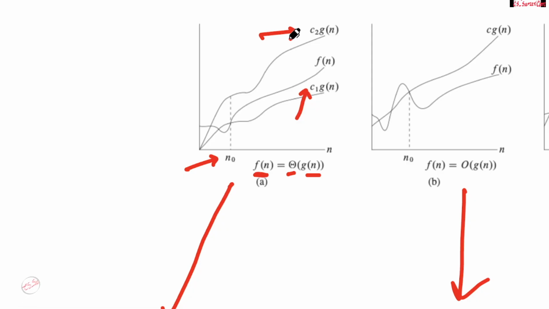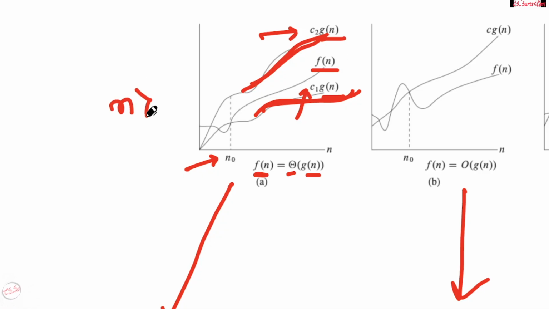Multiply g with c1 and multiply g with c2, and the curves that are produced are going to provide an upper bound and a lower bound simultaneously for the function f n as n tends to infinity, or in their terms, n is greater than some n0. This n0 can be any natural number.